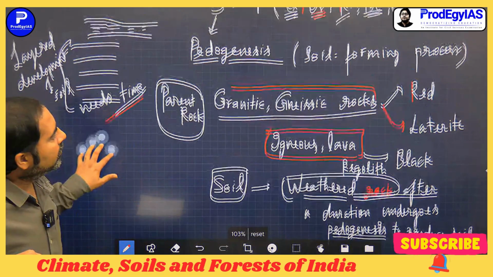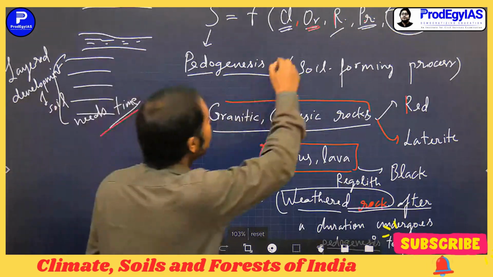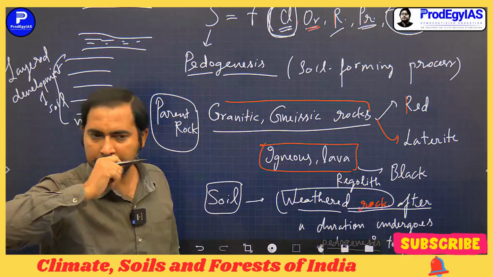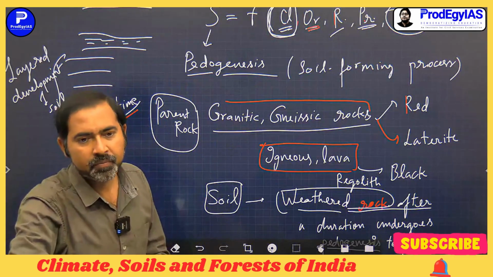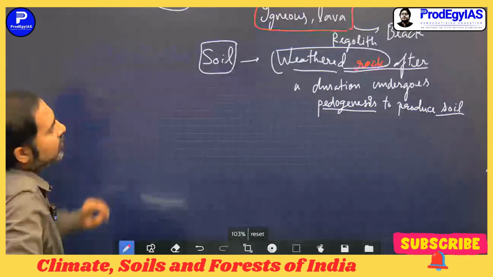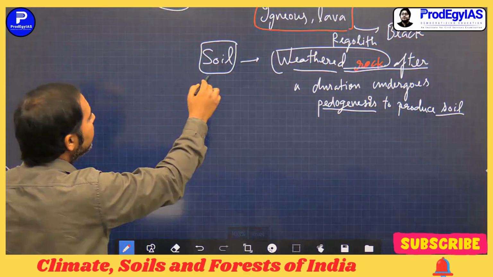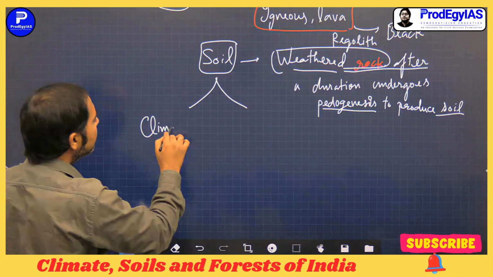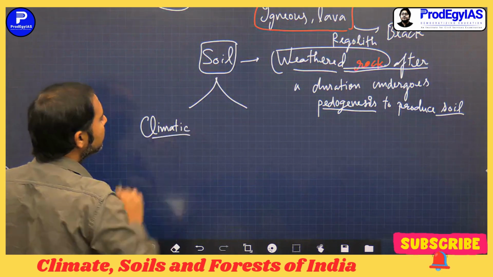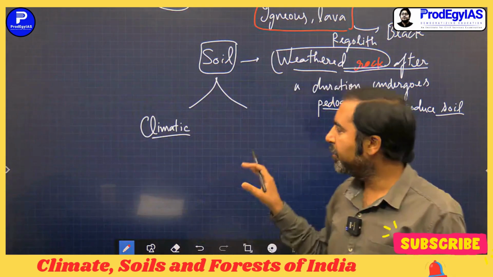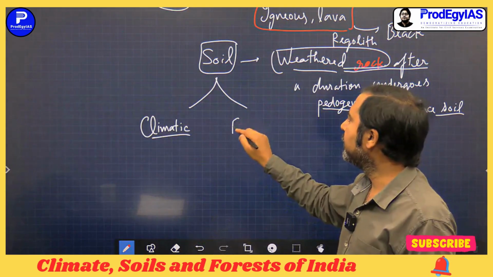So, you know that climate is the main energy providing factor in the soil development. In the same way, in India, particularly, there are two types of factors: climatic, means largely they are determined by climatic factors, and edaphic.